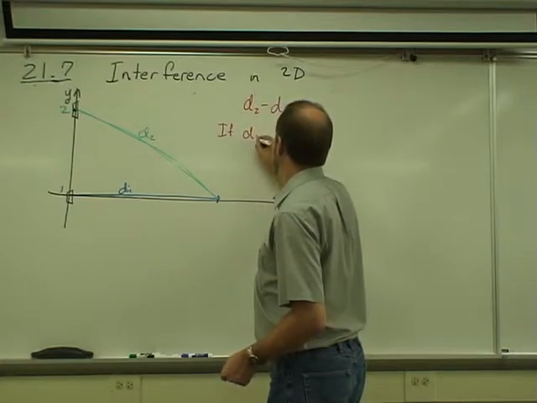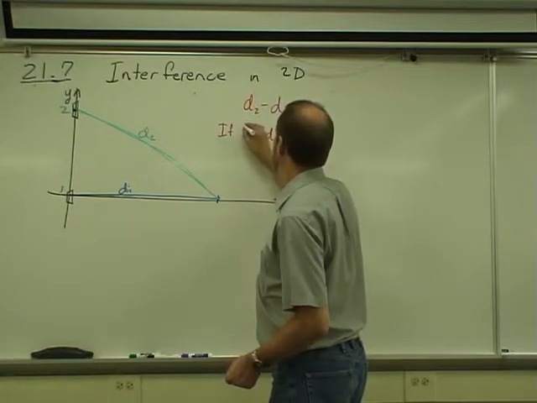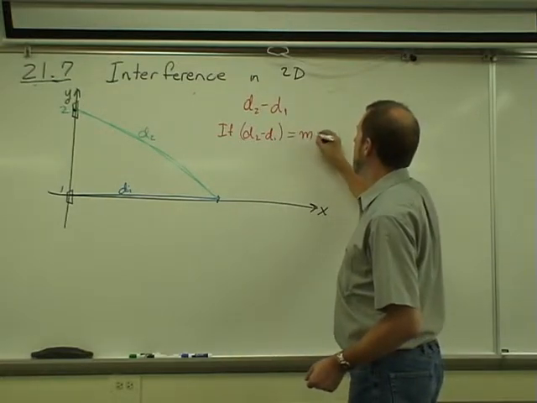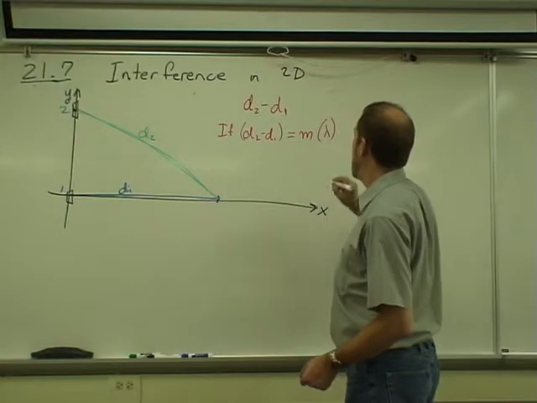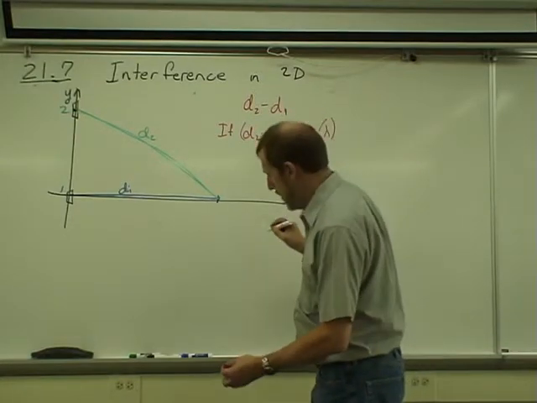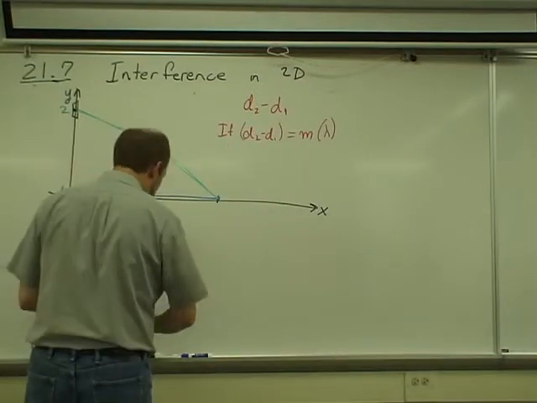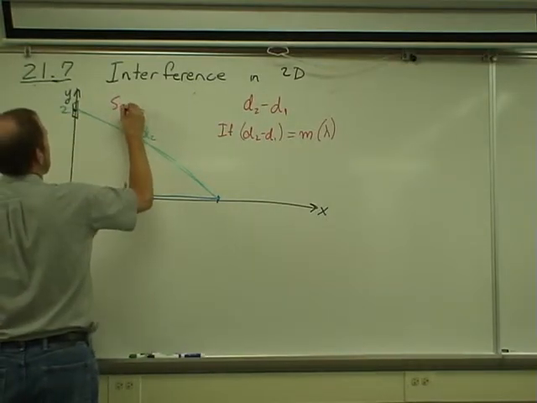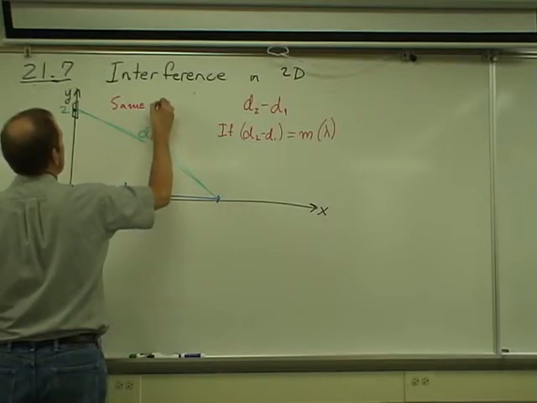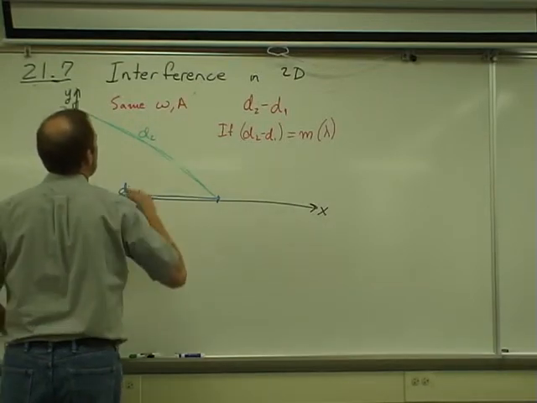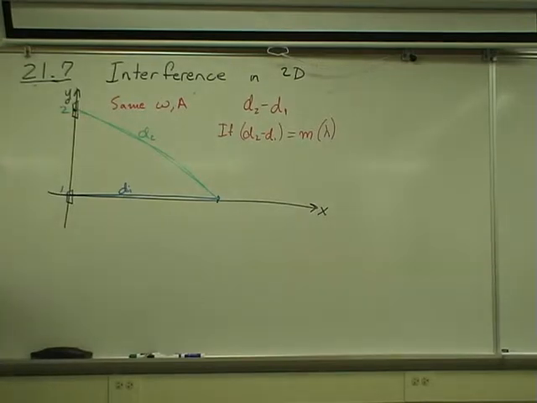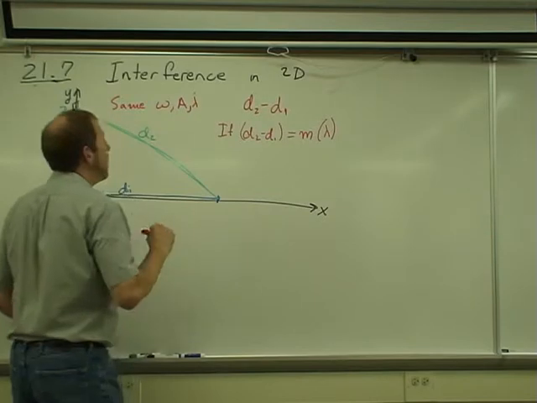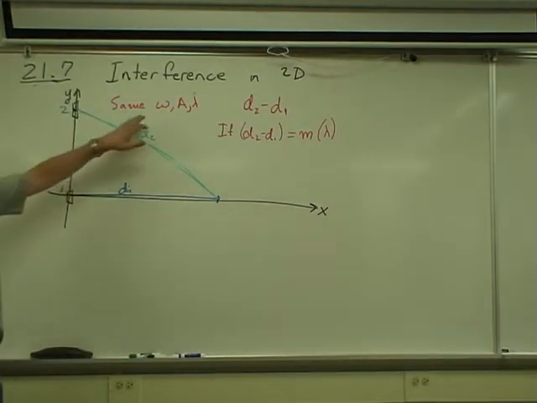If d2 minus d1 is equal to some integral number of wavelengths, as long as both of these, again, have, if we're looking at two waves, let's even say two identical waves.